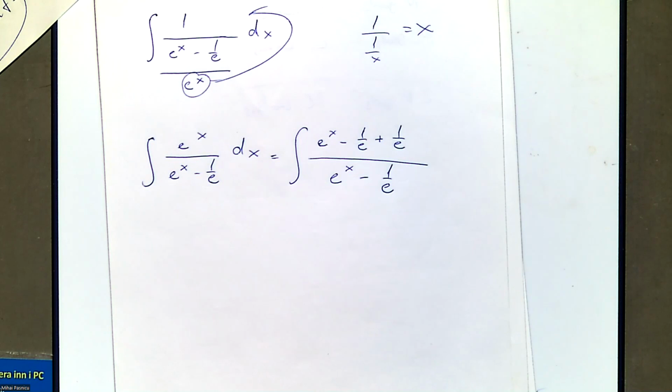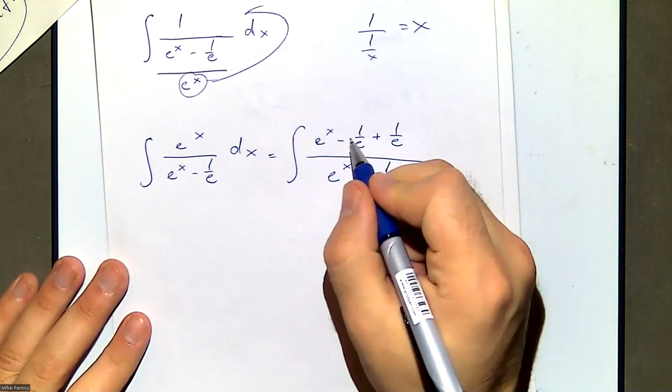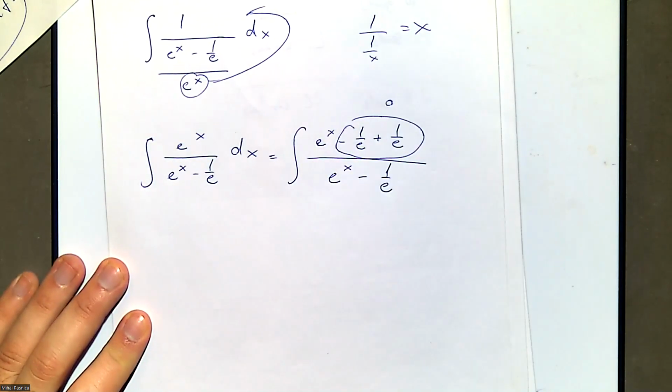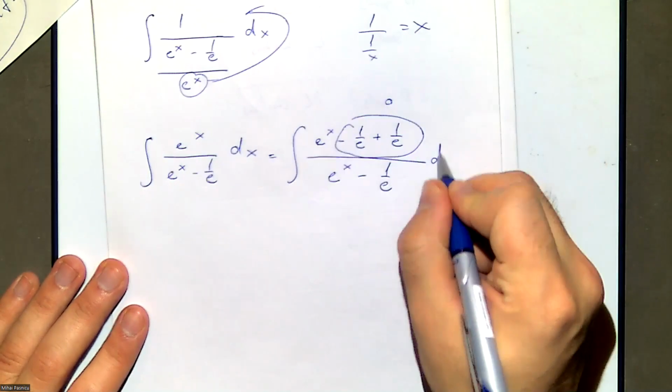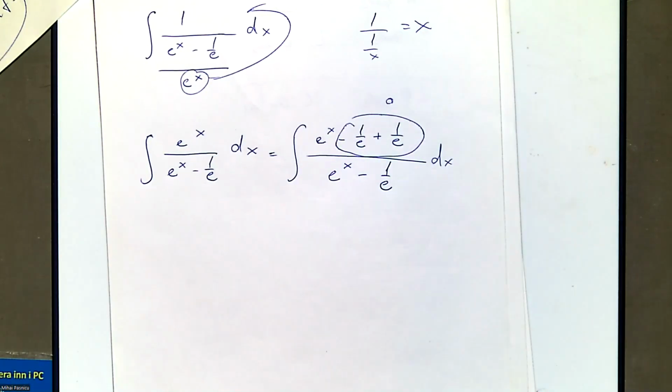That's my idea. I hope we all agree that this is just 0, right? If I add 1 over e and I subtract 1 over e, if I give you a banana and then I take a banana away from you, you have 0 bananas, right? So this is just zero.